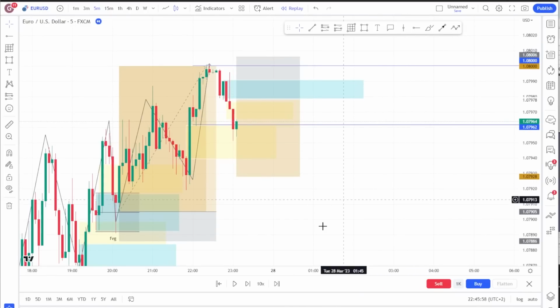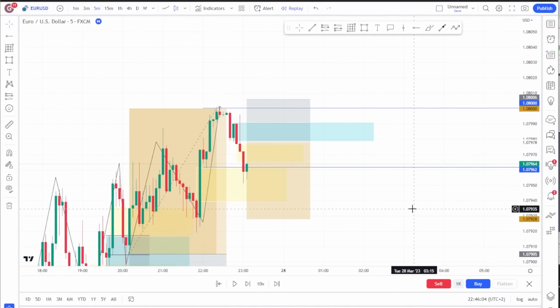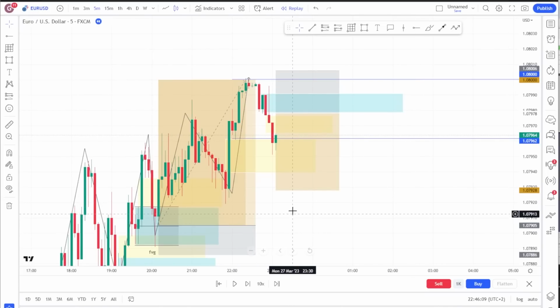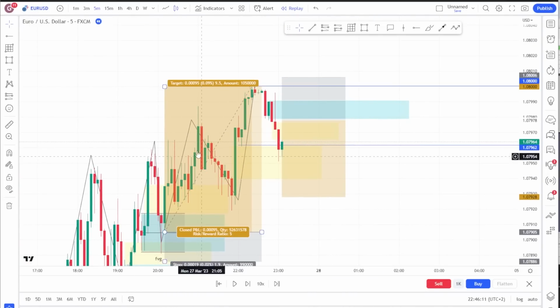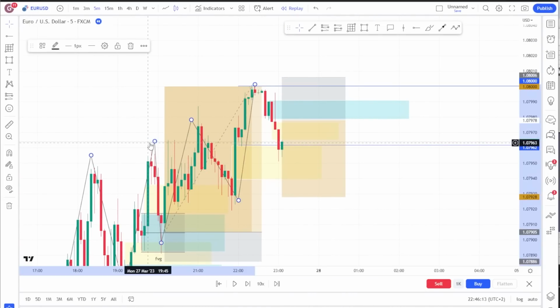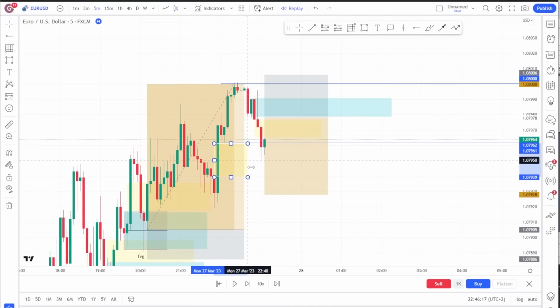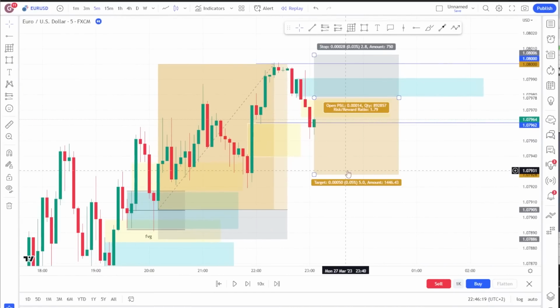Again, I'm not going for as far of a target because like I said, everything is looking long because we're making higher highs, higher lows, higher highs, higher lows. So I will take it, however, just to be on the side of being mechanical.